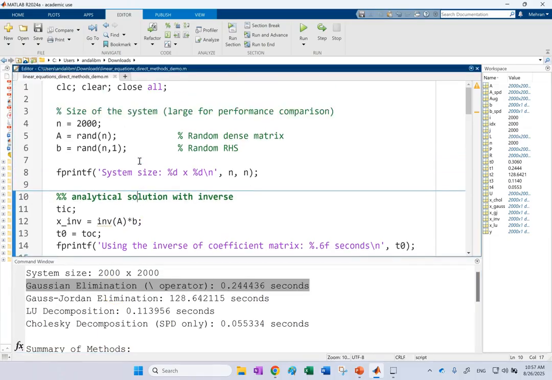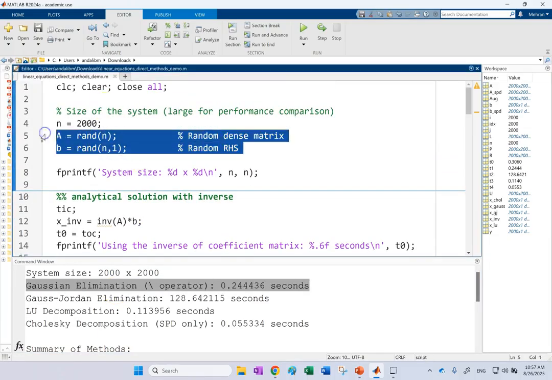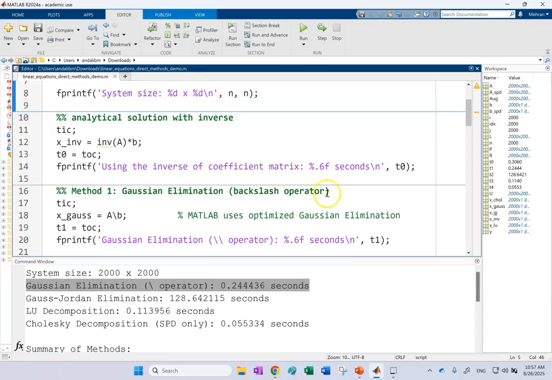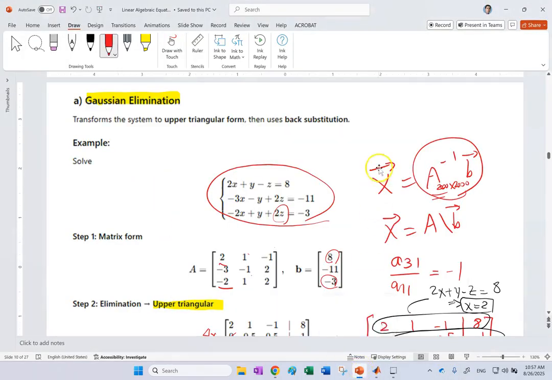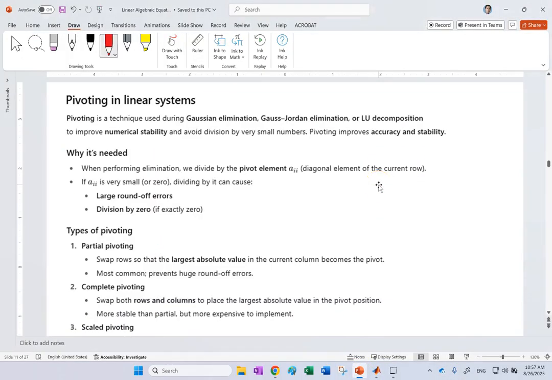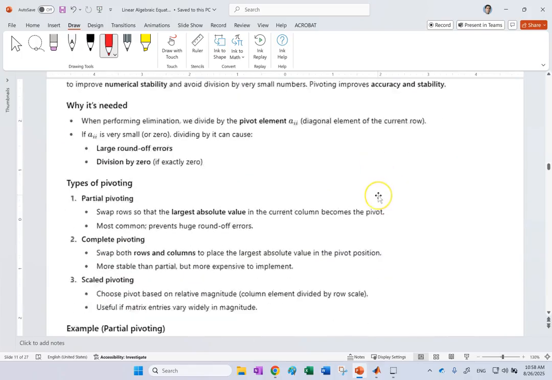Still 2000 is not super bad, and the numbers are not super large, so the difference is not big, although you still can see Gaussian elimination does a better job, but over bigger sizes, you definitely are going to see the difference here.